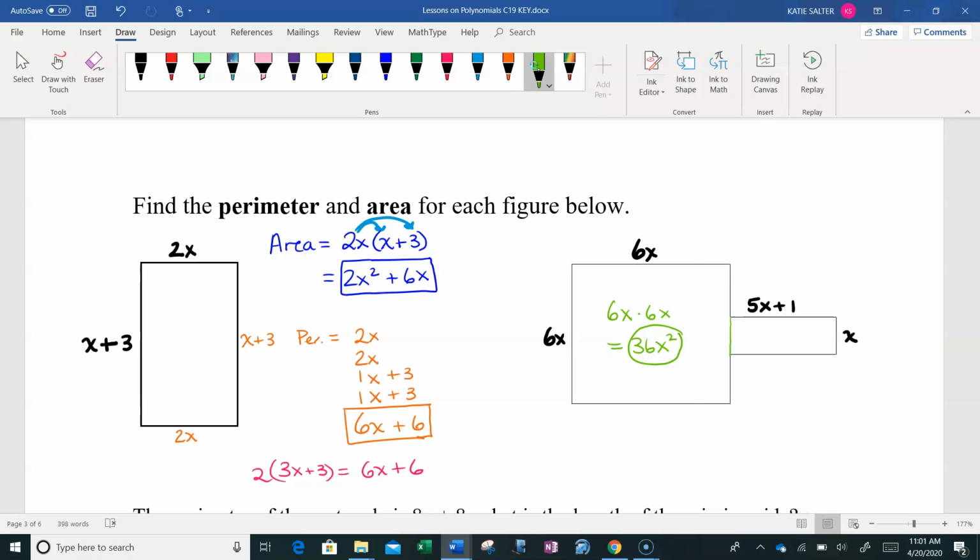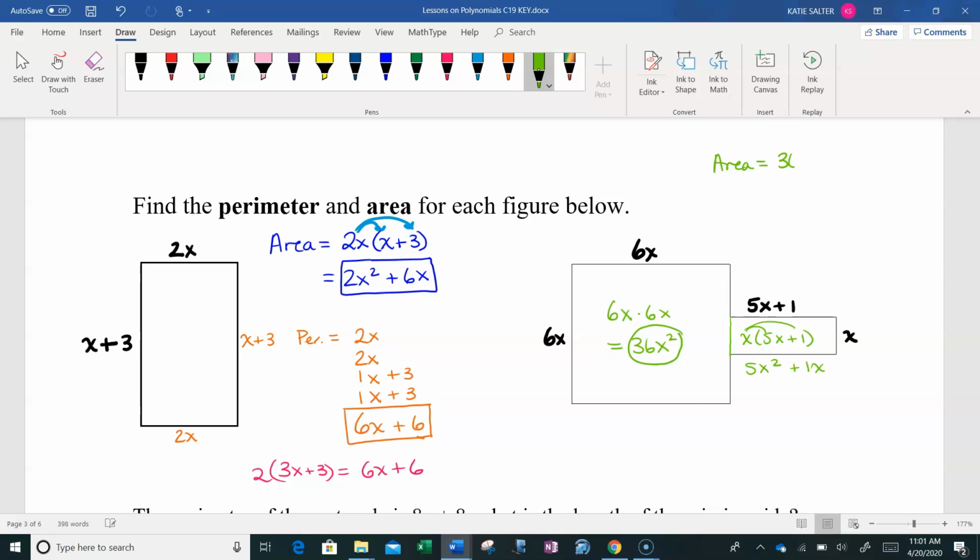So for this bigger square, and we could call this a square since they have equal dimensions, it would be 36x squared. However, for this part, we would need to do x times 5x plus 1. Again, make sure that you hug that in parentheses. So when we distribute right here, that would give us 5x squared plus 1x. Well, the idea is we want the total area. So for this figure, to get the total area, I'm going to write it up here, we would want to add all that together.